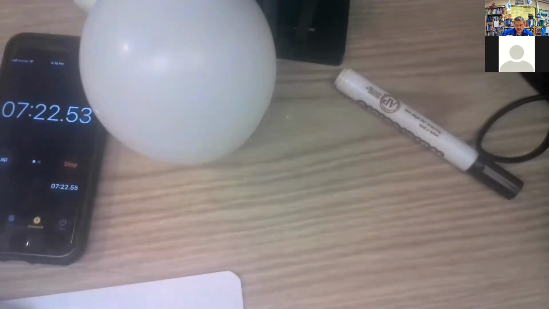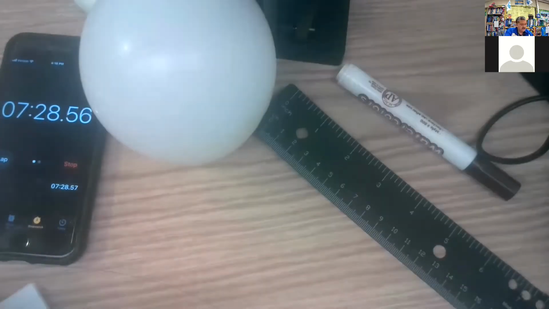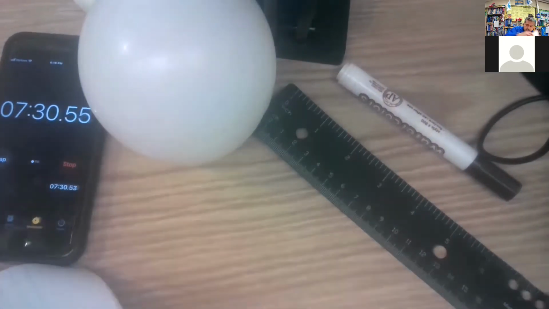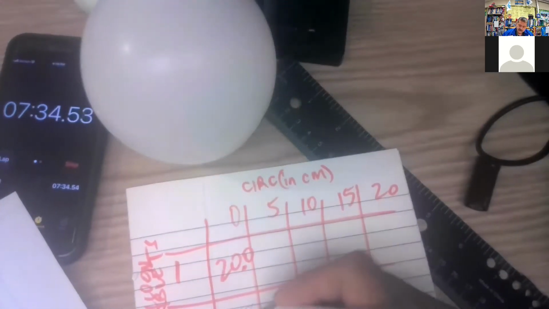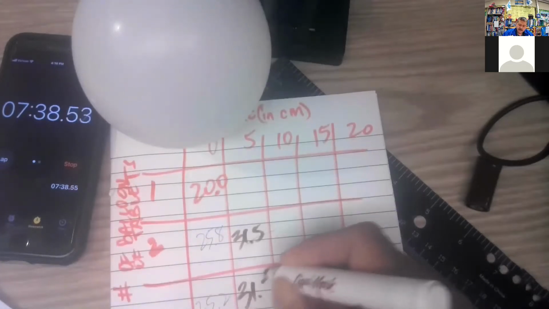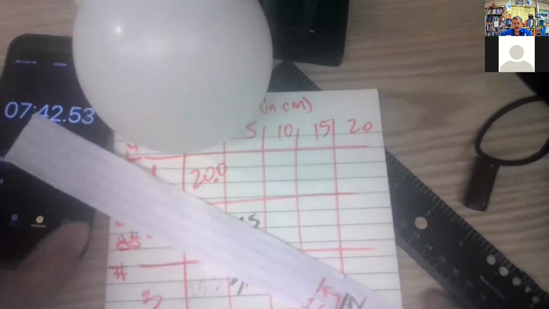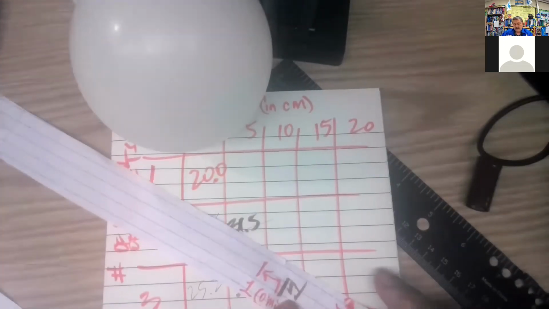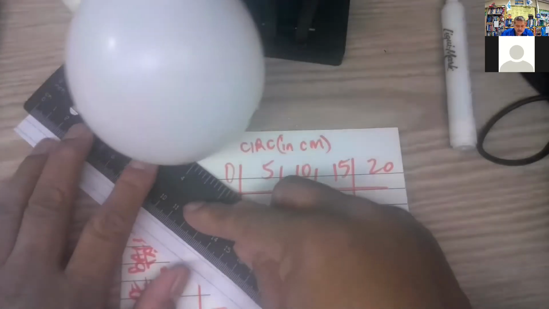Well, that solid line was 25. So 25 plus 6.5 is 31.5. So on my table, 5 minutes is 31.5. And this one right here, for the first one, let's see what that is.